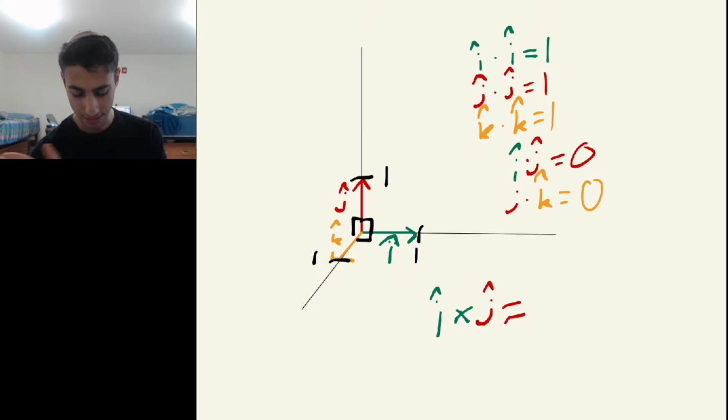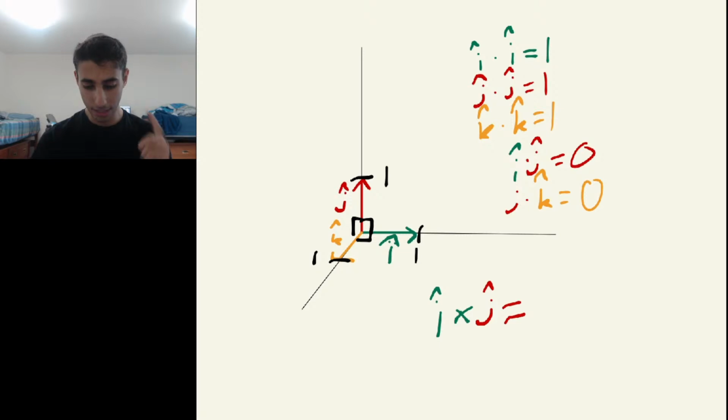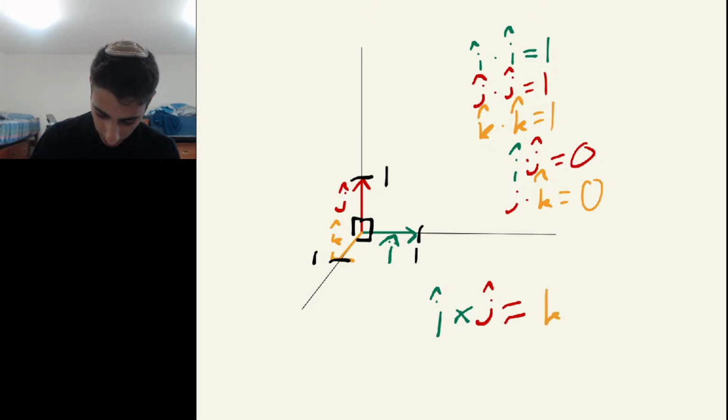If the x-axis is to the right of us and the y-axis is up, then the resultant of i cross j will be in the direction towards us, which is the z-axis. So i cross j is actually k, because k has a length of 1 and its orientation is on the z-axis. That's very cool.